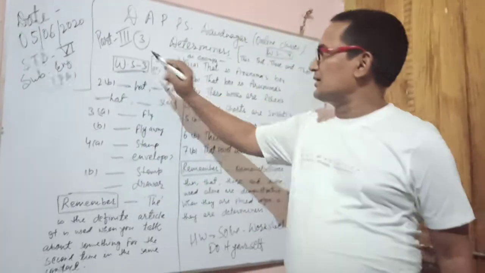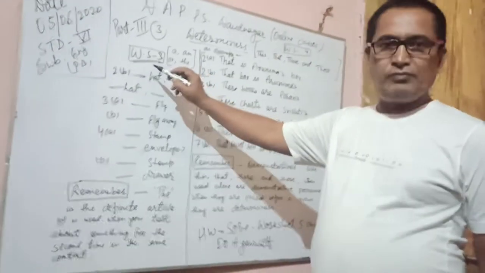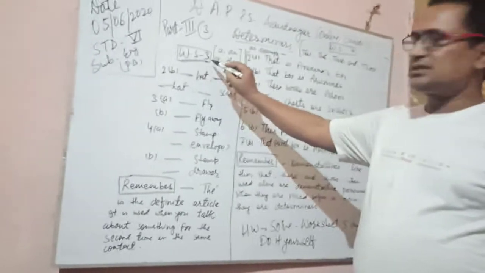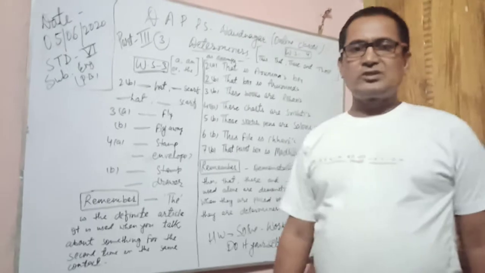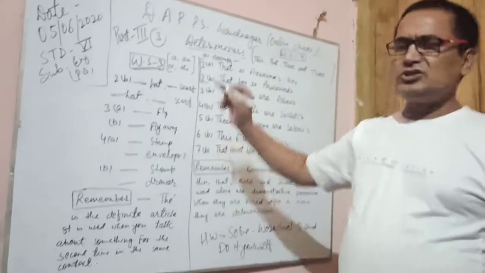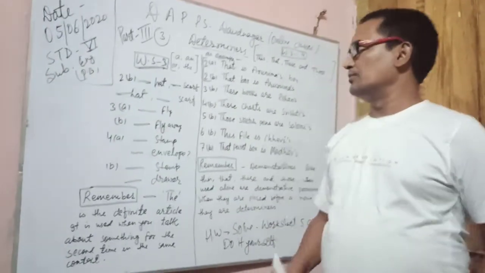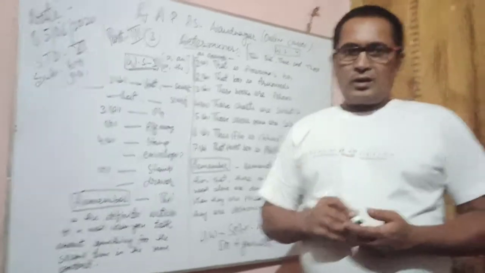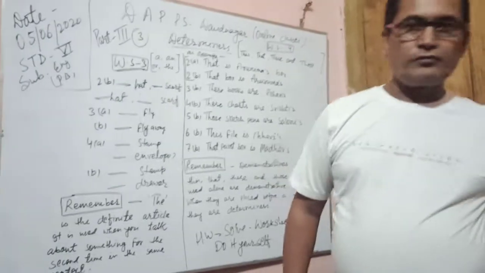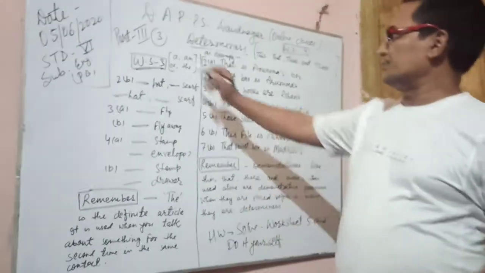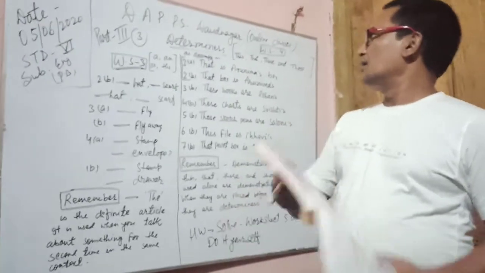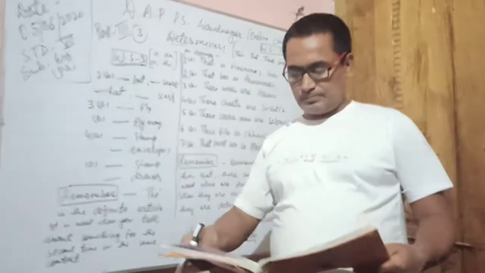Now in part third, we will solve worksheet 3 and worksheet 4, which were also given to you as homework. So let's turn the pages of your chapter 3rd, determiners, of your book.